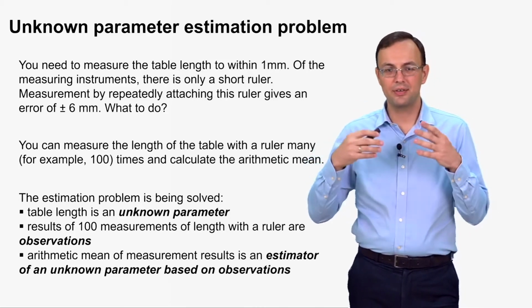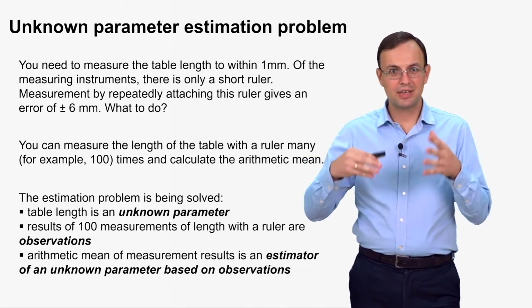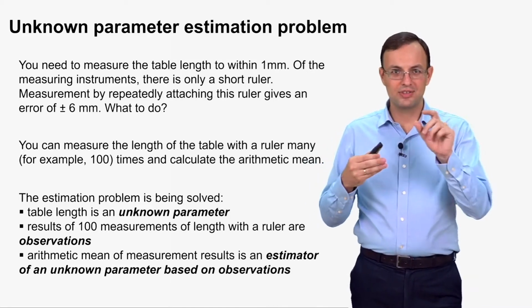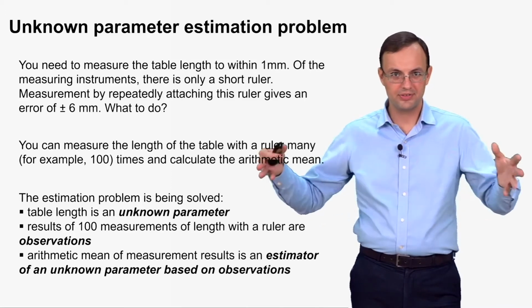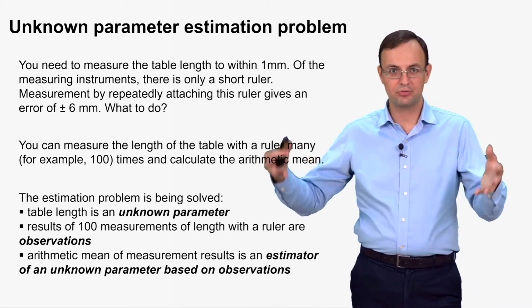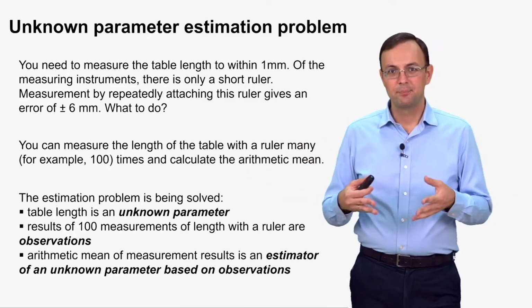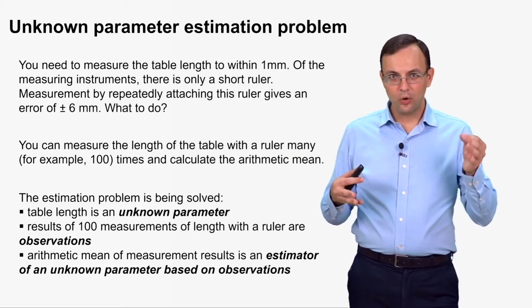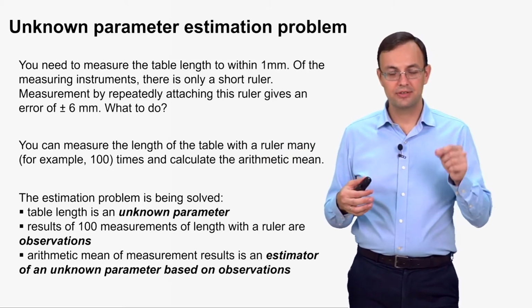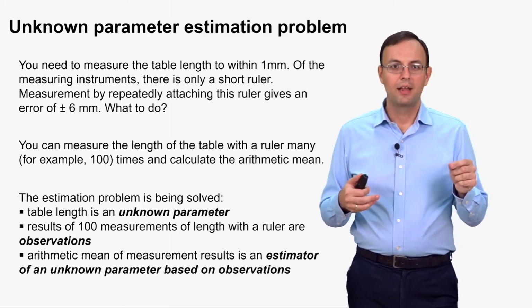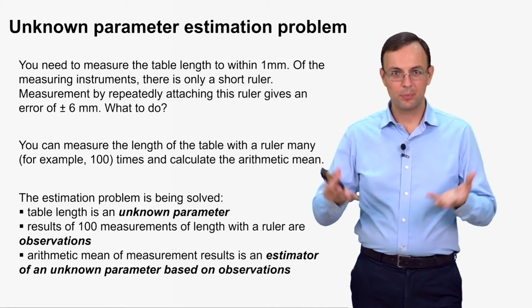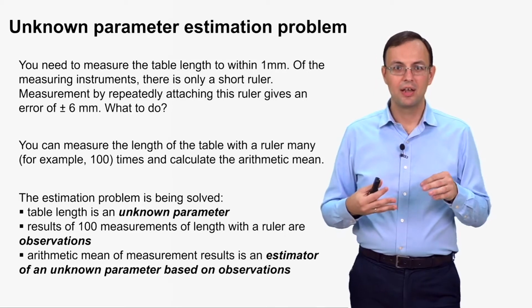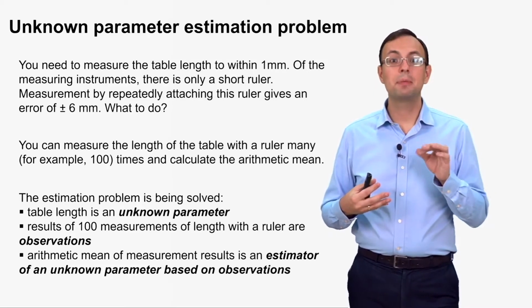This error can take any value in some range each time you do this measurement, each time you are measuring the length. So observations are random variables.